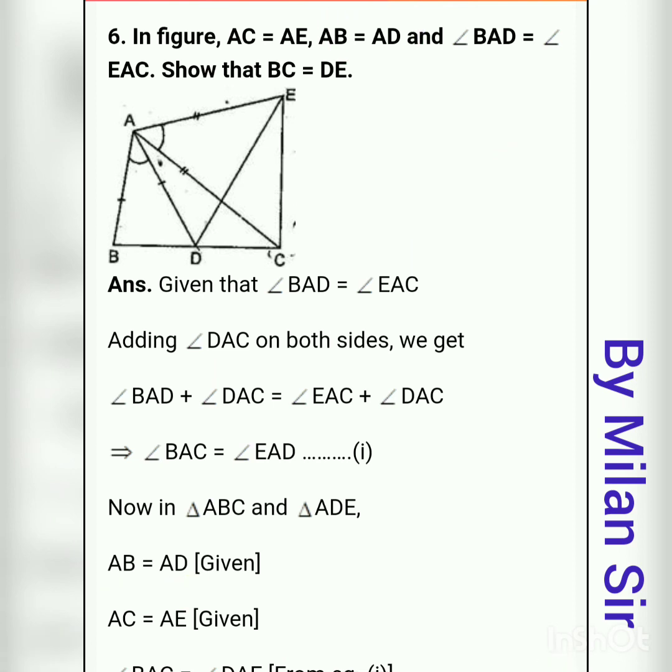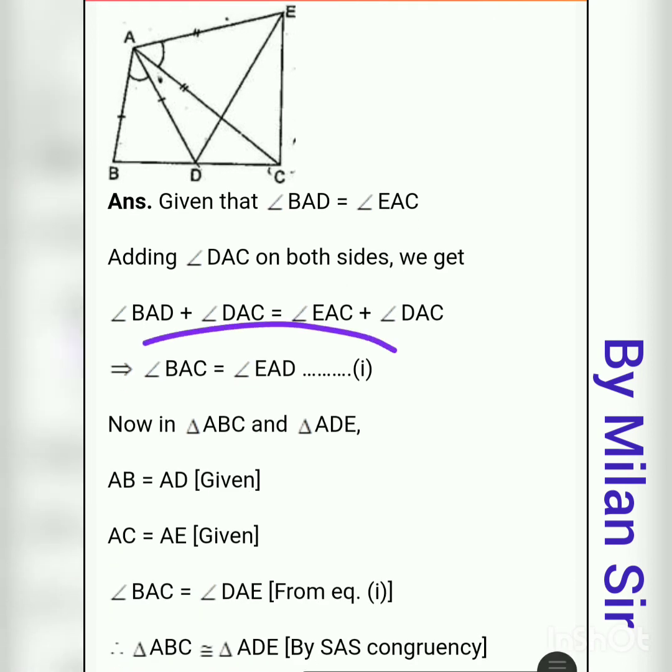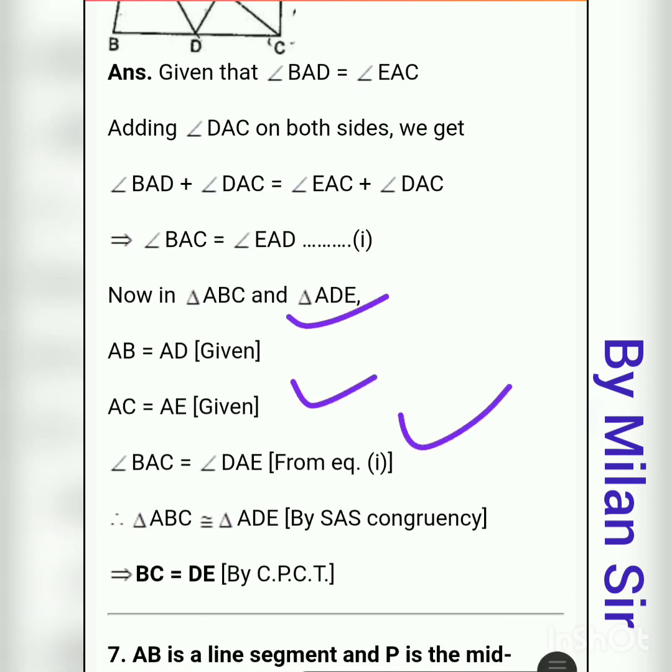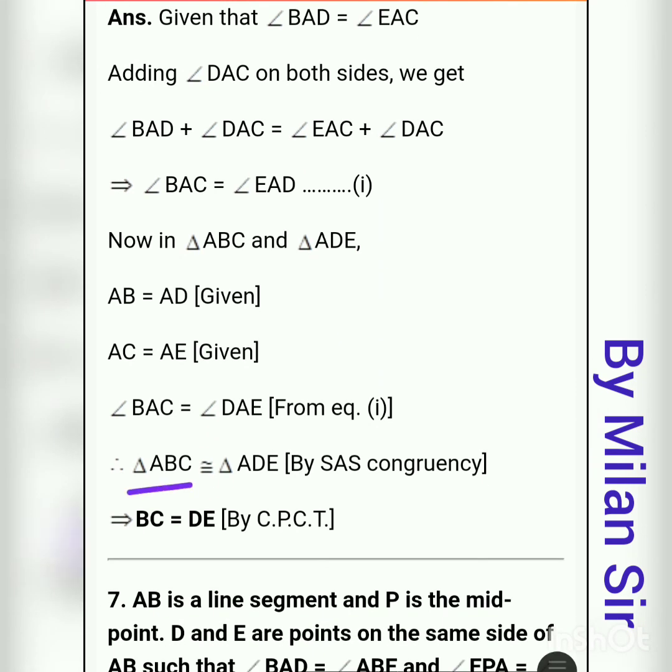AC is equal to AE, given. And the third thing that we proved, we need to write here, angle BAC is equal to angle EAD, otherwise DAE, both are equal. The reason is from equation 1. So we have these three parts the same, and from that we can write triangle ABC is congruent to triangle ADE.